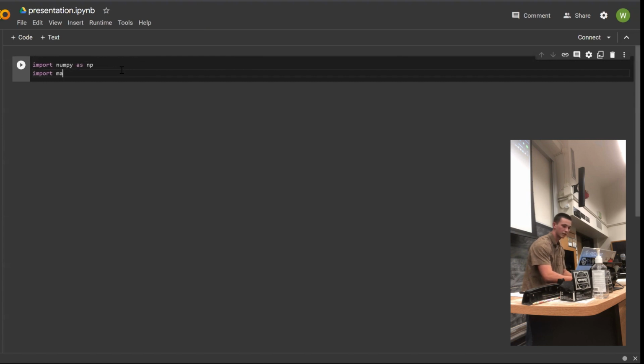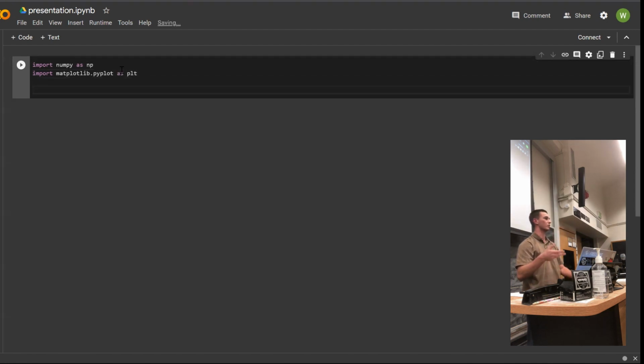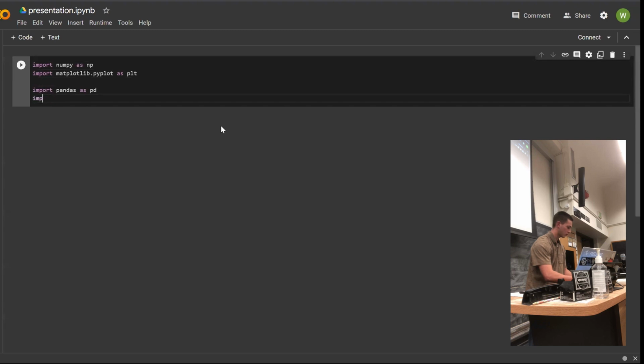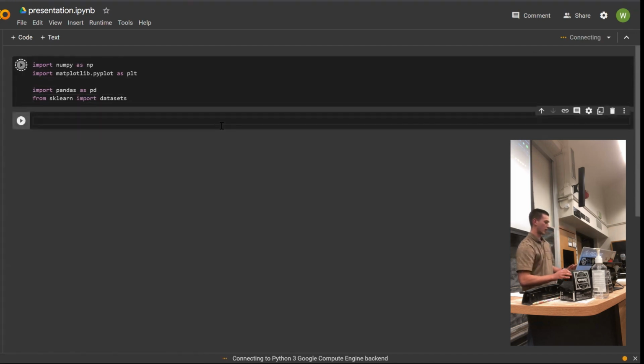Okay, so I'll start by importing some libraries. So we're going to use NumPy for the majority of our matrix operations. Can you guys see that? Good. Okay. And we're going to use matplotlib for some data visualization. We're going to use scikit-learn and pandas for initial data fetching and pre-processing.